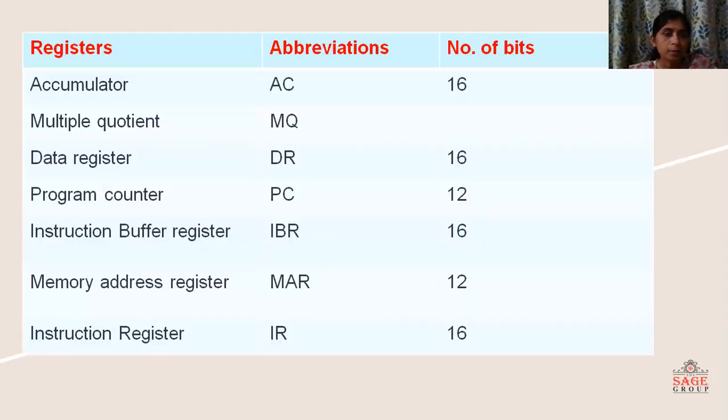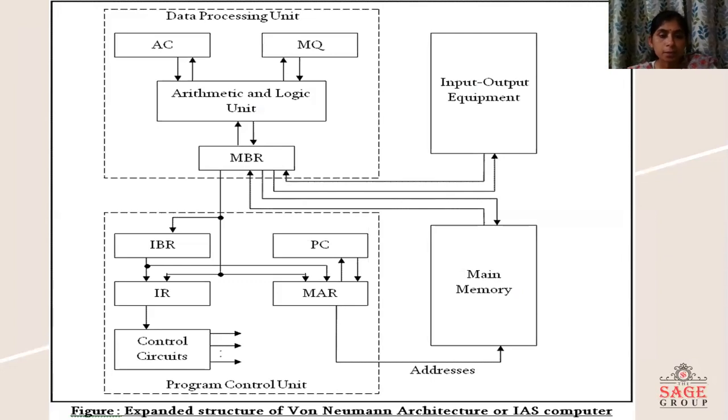From the diagram it is clear that the program counter holds the address of the next instruction which is to be executed.